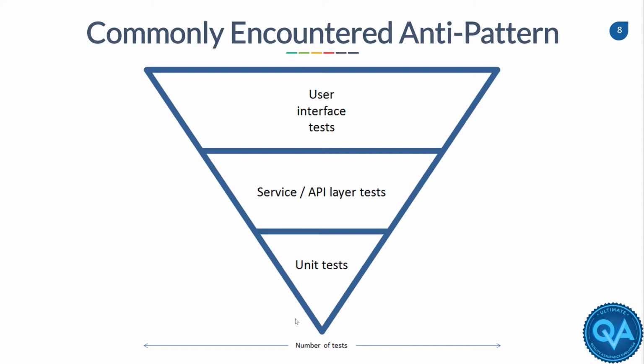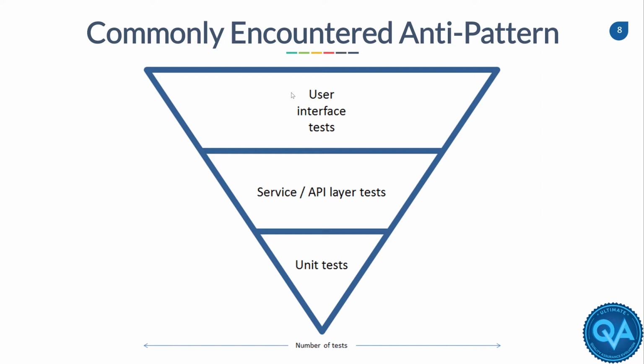So because of that, what we encounter is a commonly seen anti-pattern. It's called the inverted automation test pyramid, or sorry, it's called the ice cream cone of automation, because it looks like an ice cream cone and then you can throw on some ice cream at the very top.